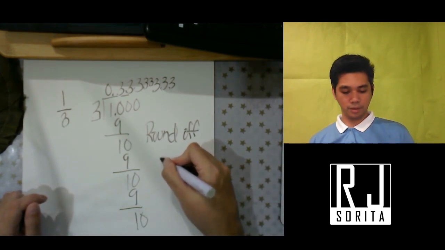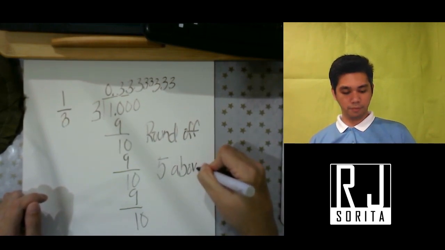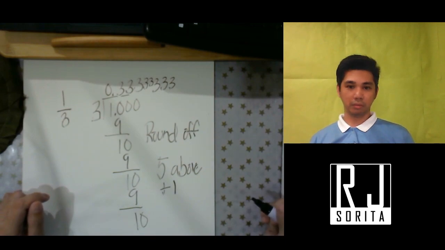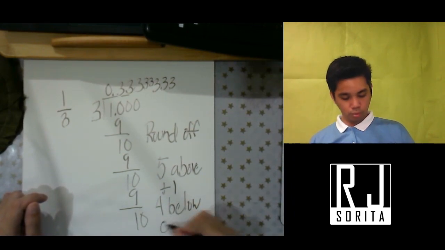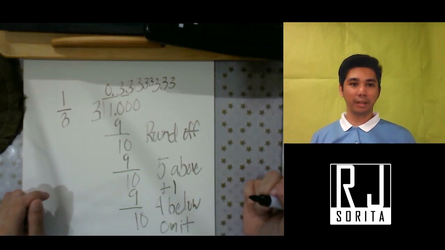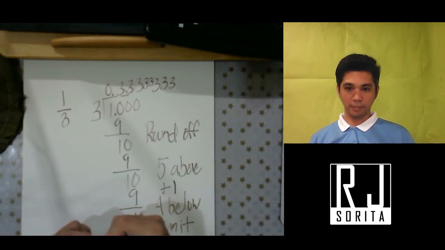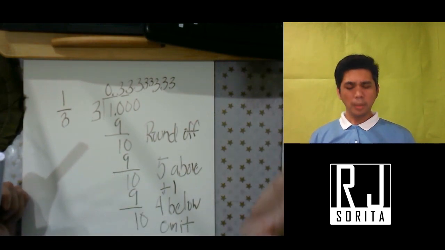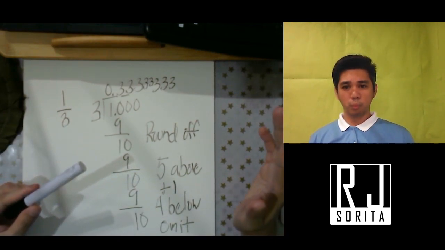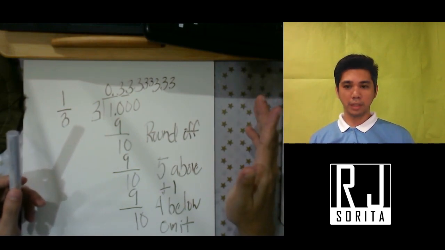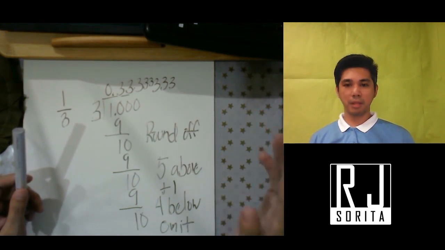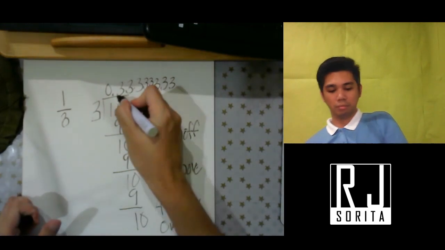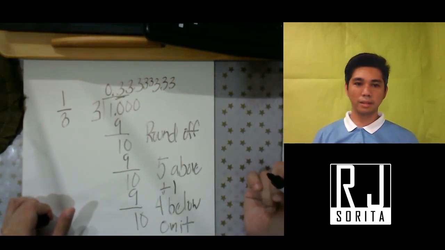Now, what are the rules in rounding off? If it is 5 and above, you add 1. If it is 4 and below, you omit. Now it depends where you should round off. If it is stated in the problem that you have to round in the tenths, you have to round on the tenths place.